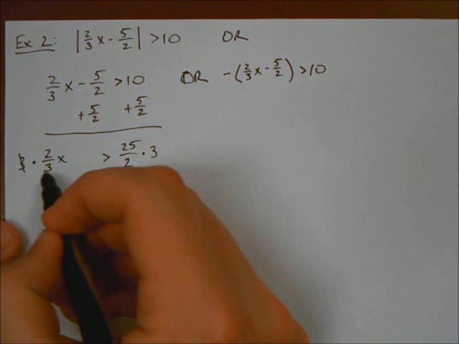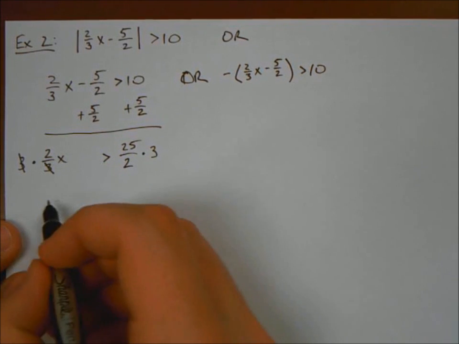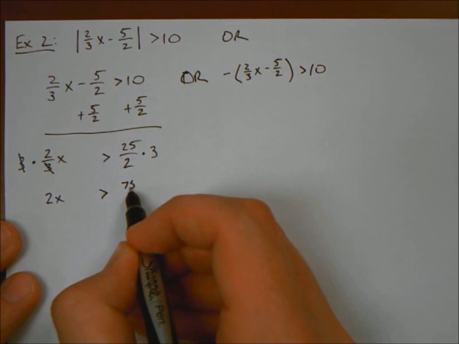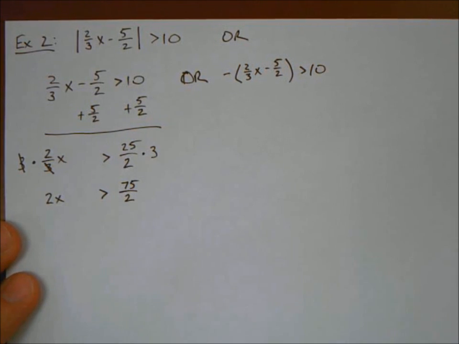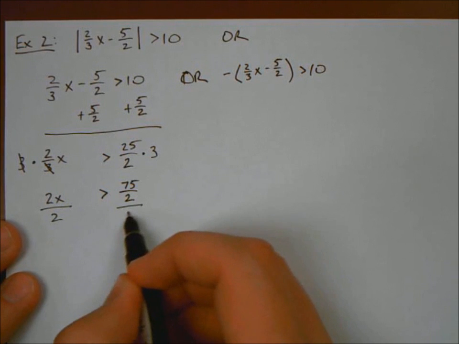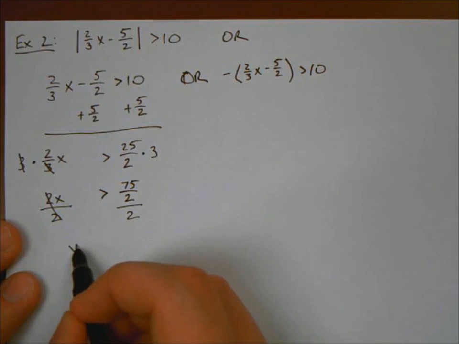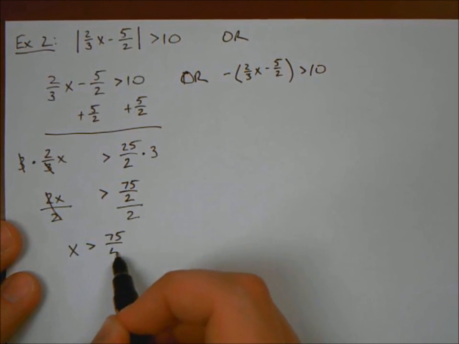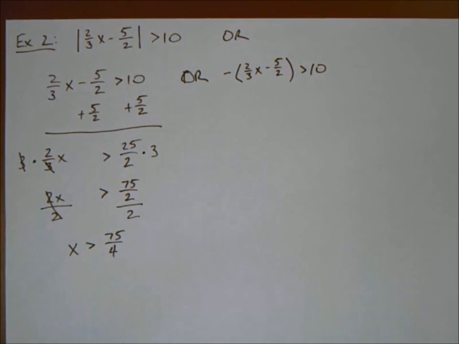This cancels with the denominator. It leaves the numerator. 2x is greater than 75 over 2. And then finally, divide by 2, divide by 2. X is greater than 75 over 4. So that's one of the possibilities.